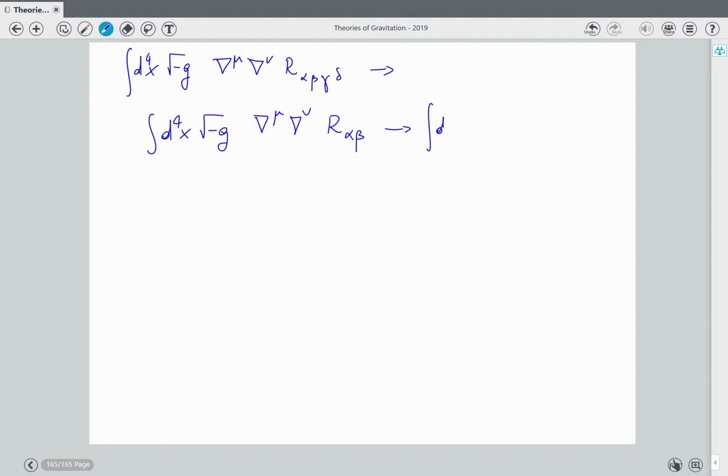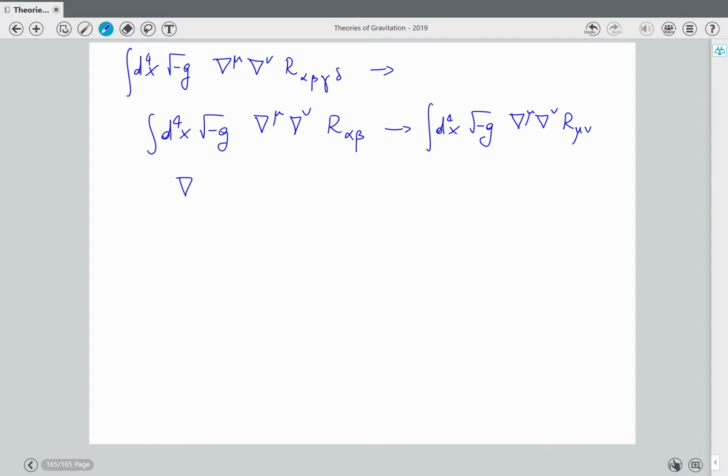So the other possibility, the only other possibility you have, is del mu del nu R mu nu. There is no need to exchange those two covariant derivatives because R mu nu is symmetric. R mu nu is the Ricci tensor.